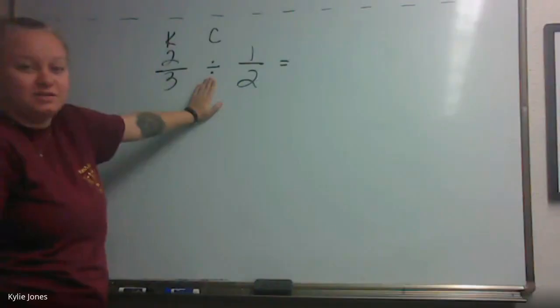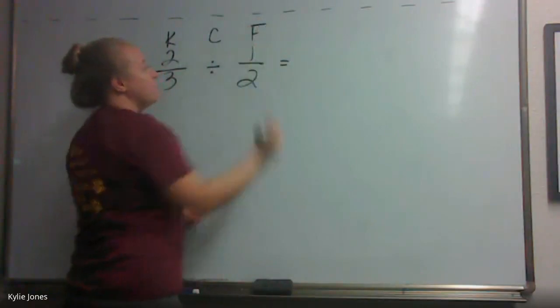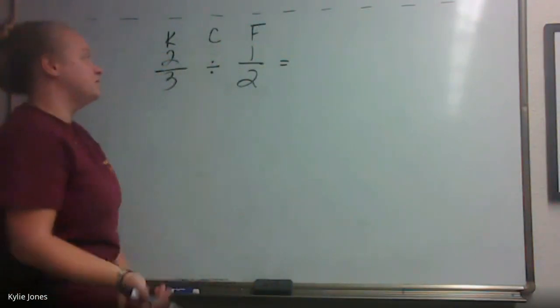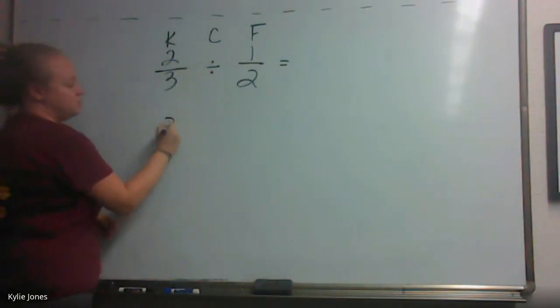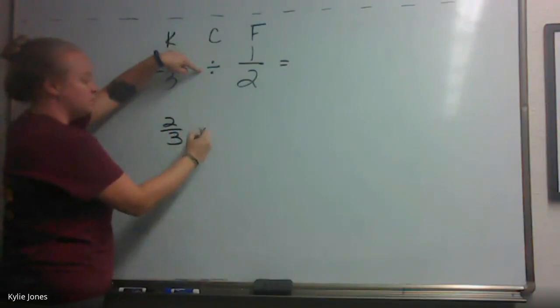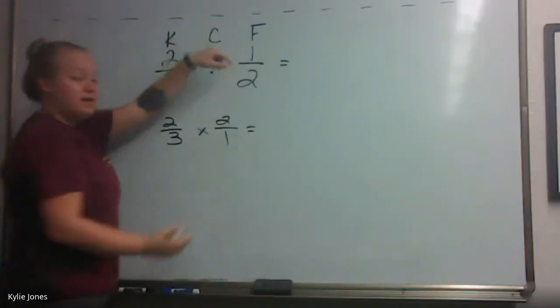So you change your division symbol to a multiplication symbol, and then you flip the 1/2 so it's 2/1. So your new problem would be 2/3, which stays the same, times 2/1. And then you multiply your fractions.